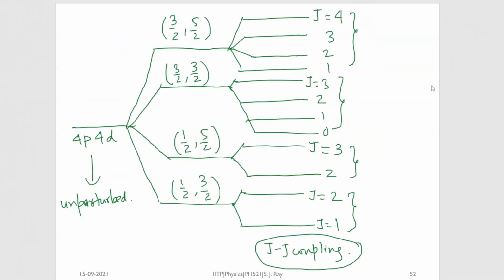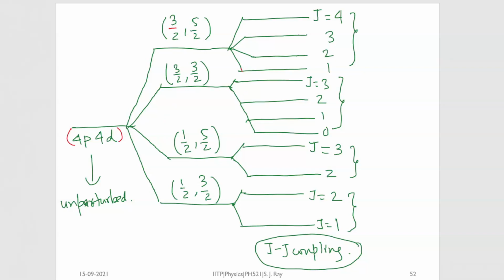Now if I draw the energy level diagram, you can see that I have the 4P 4D level here. This is the unperturbed level, and under JJ coupling, in the first step I have the individual combinations, that is four combinations: 3 by 2 5 by 2, then 3 by 2 3 by 2, half 5 by 2, half 3 by 2.